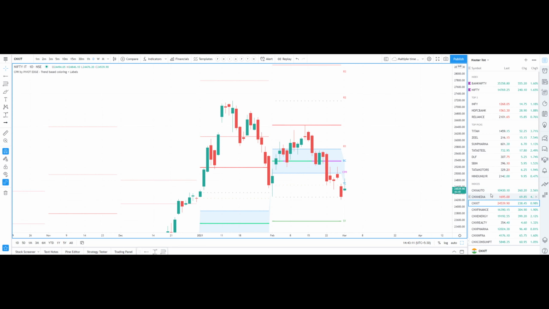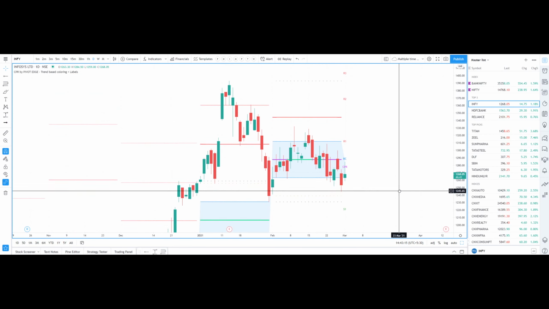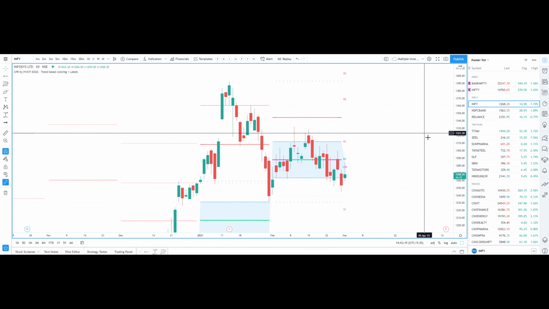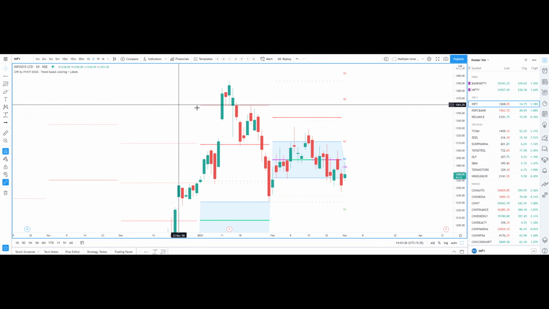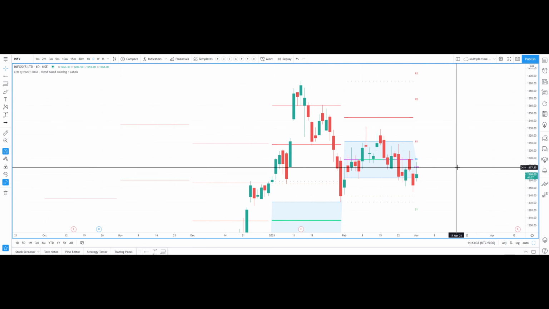So for IT, I used Infy, and this was that candle. So like that you can analyze on your monthly, weekly or daily time frame and base your trades. Okay.